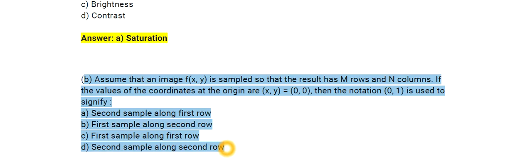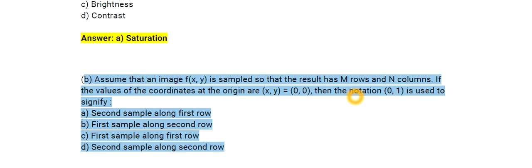Now see, (x,y) is equal to (0,0) at origin. Obviously you know that the first one represents the rows, and the second one represents the column. The column is directing to the samples. As you know, we take the first index as 0. So this 0 is the first row, and 1 refers to the second sample or second column.